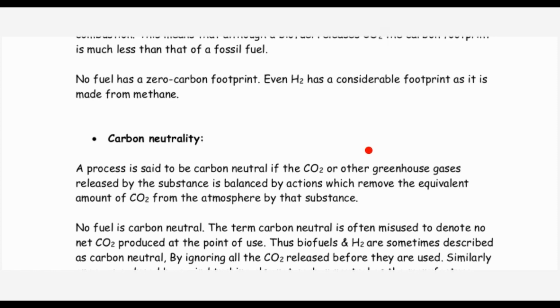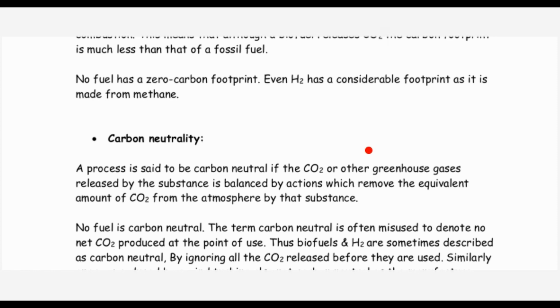Even if you're using, as I mentioned last week, the fuel cell, where we use hydrogen gas and oxygen gas, a series of reactions take place and electric current is produced. Even if you use hydrogen as a fuel, like in the fuel cell, it is not carbon neutral. It has a significant carbon footprint because extraction of hydrogen currently is done from methane, since that's the cheapest. Not from water.